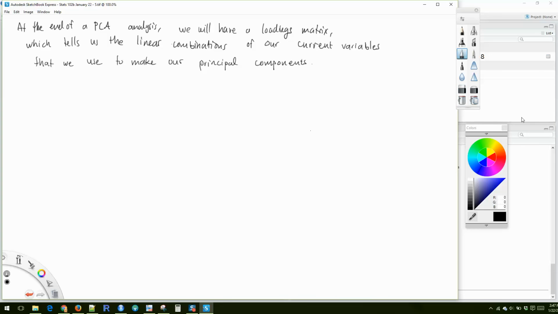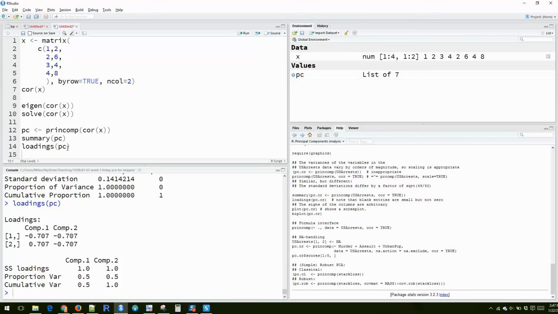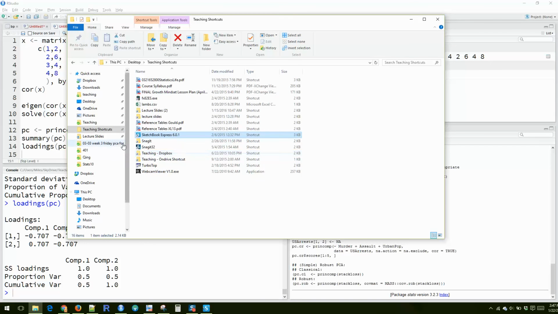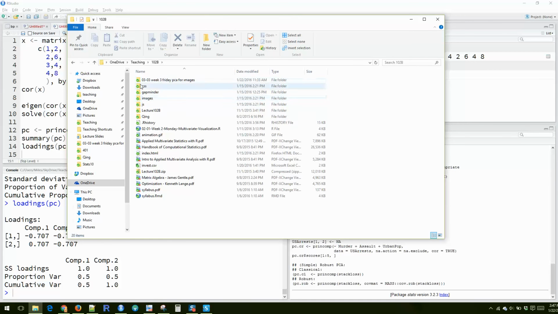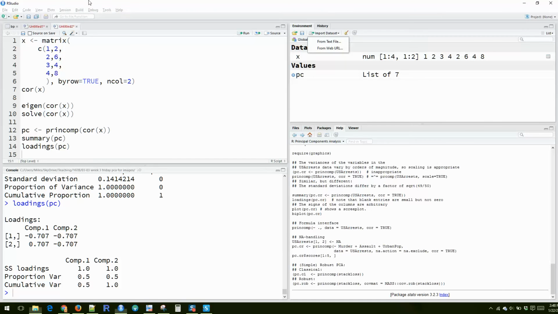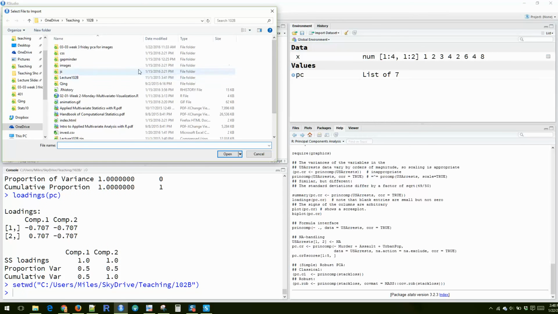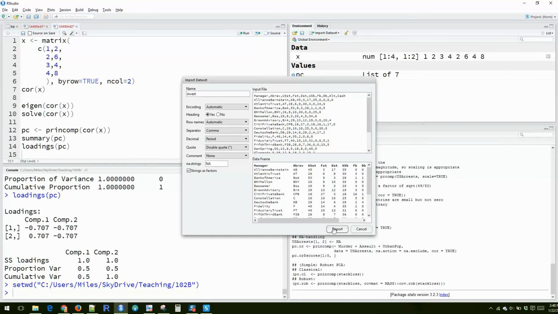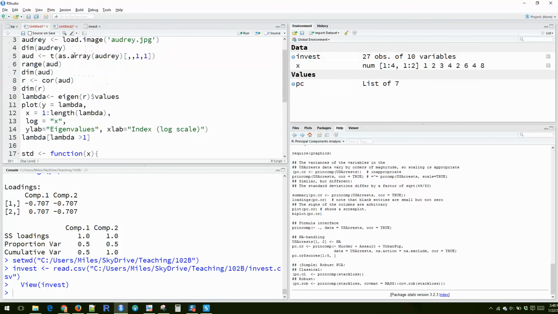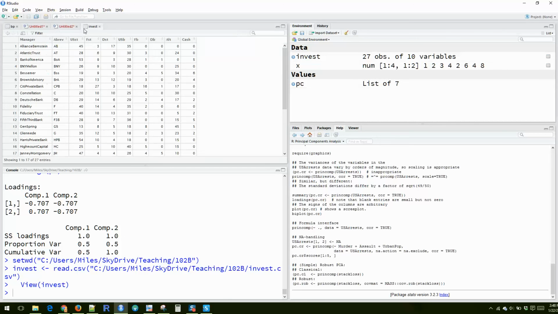So let's use a more interesting data set, using our investment data. So import data set.